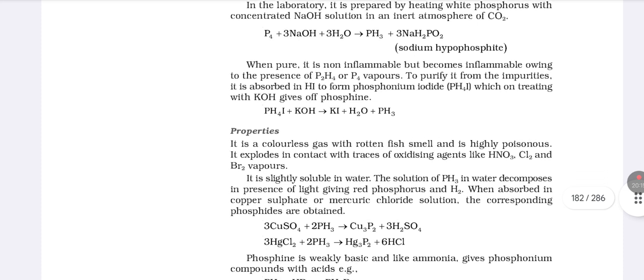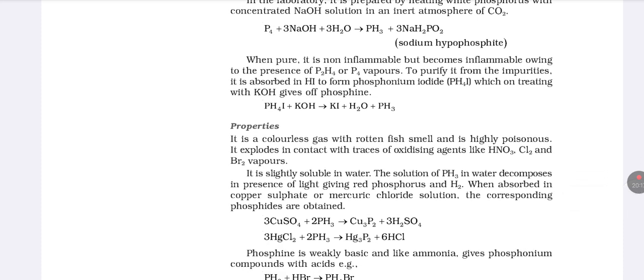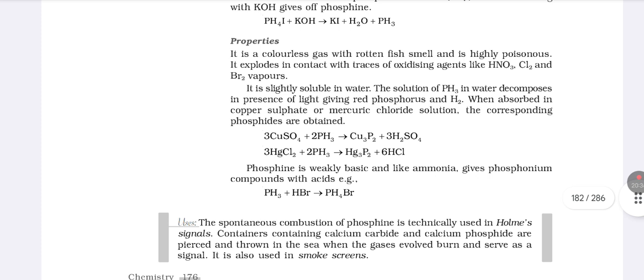When pure, it is non-inflammable but becomes inflammable owing to the presence of P2H4 and P4 vapors. To purify it from the impurities, it is absorbed in hydrogen iodide to form phosphonium iodide, which on treating with potassium hydroxide gives phosphine.